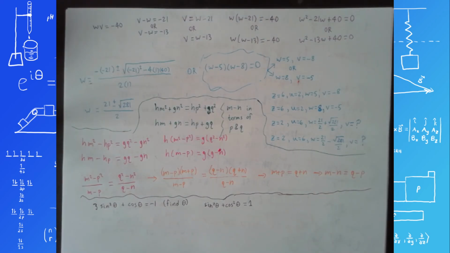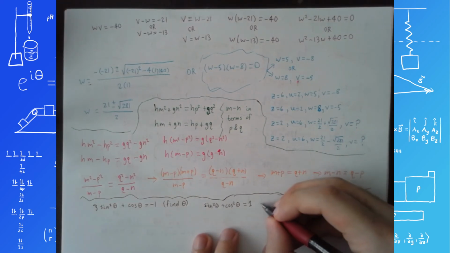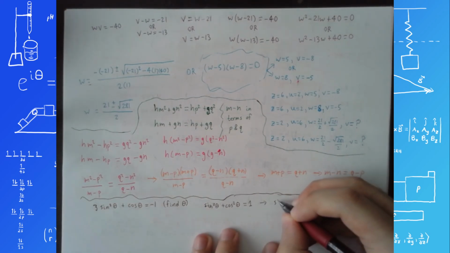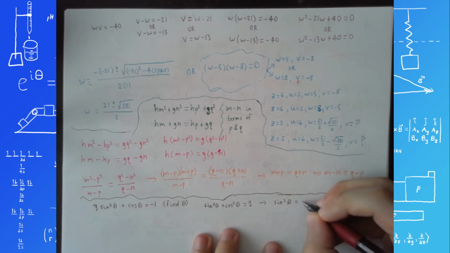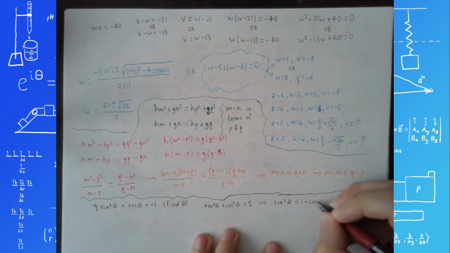Sine squared of an angle plus cosine squared of that same exact angle must be equal to 1. If I rearrange this, I can say that sine squared of an angle is equal to 1 minus cosine squared of that angle.